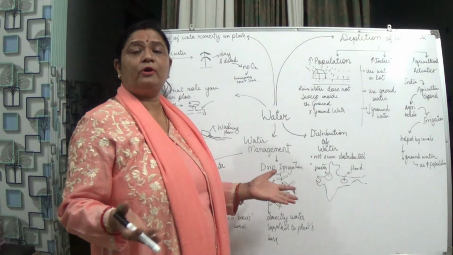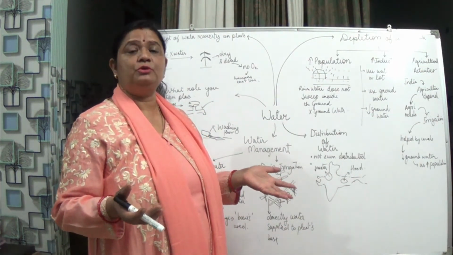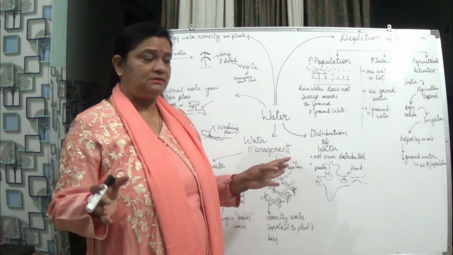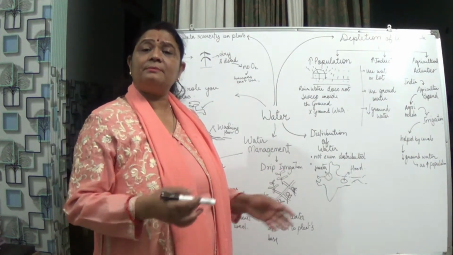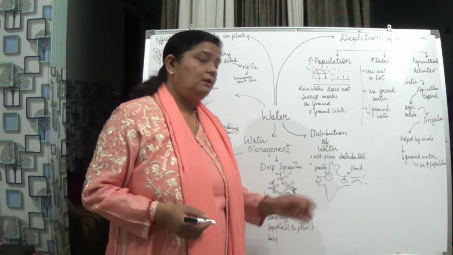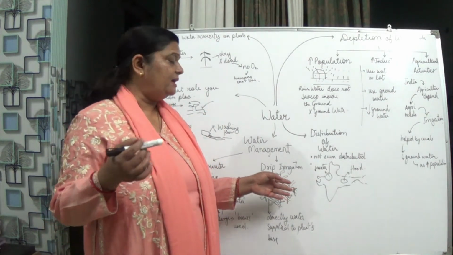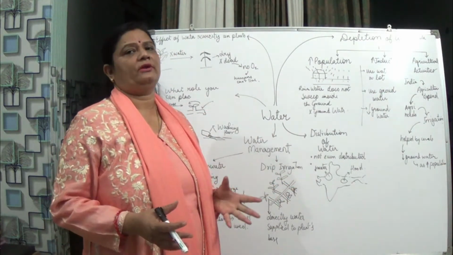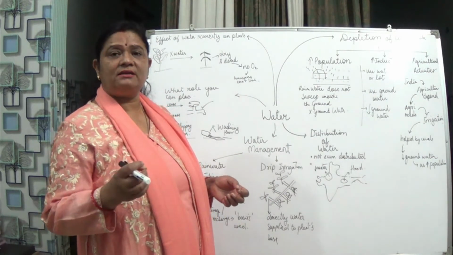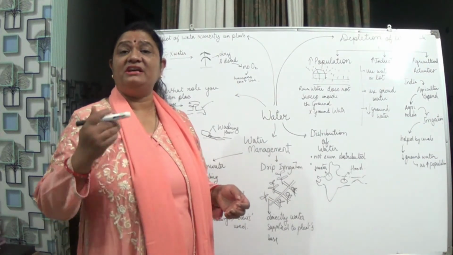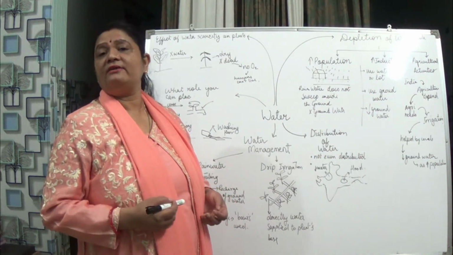Yes, with average rainfall, if you use the water properly, you will not feel scarcity of water. But there are some regions in India, like some places of Rajasthan, which get very less amount of rainfall. So there is scanty rainfall, and this scanty rainfall leads to a difficult life over there.